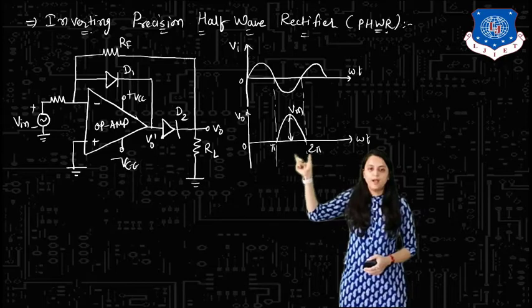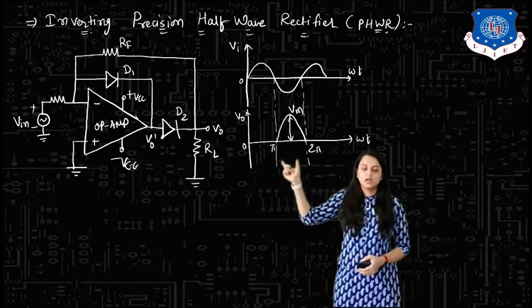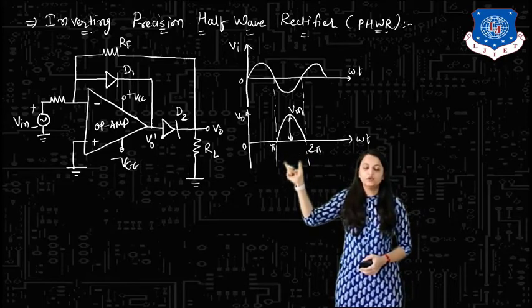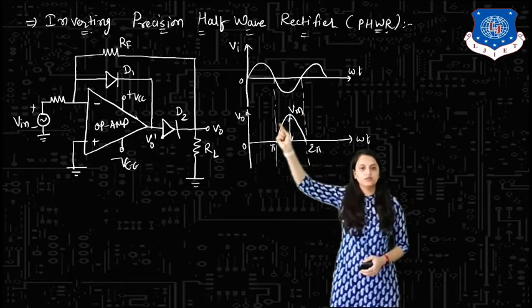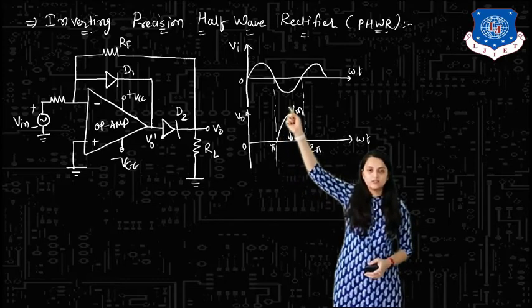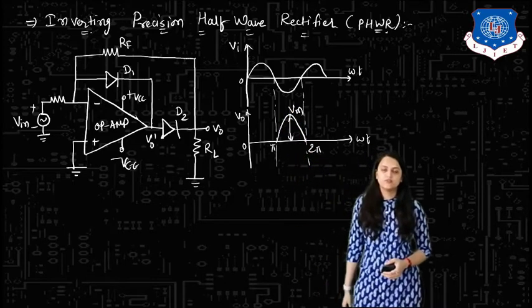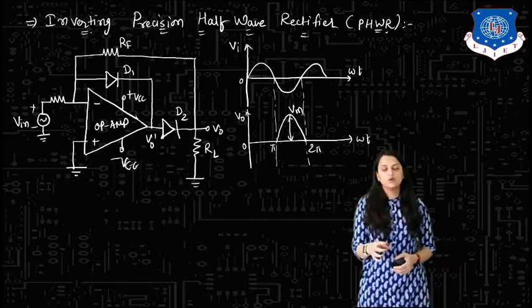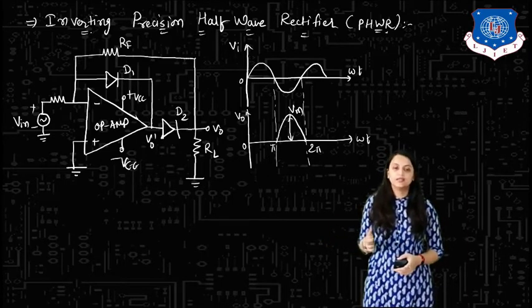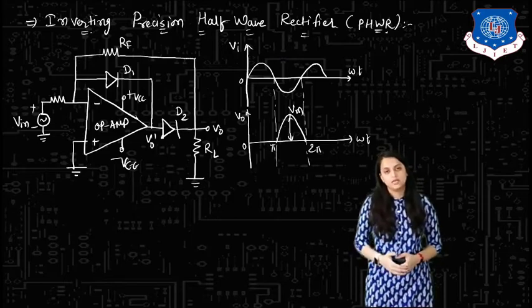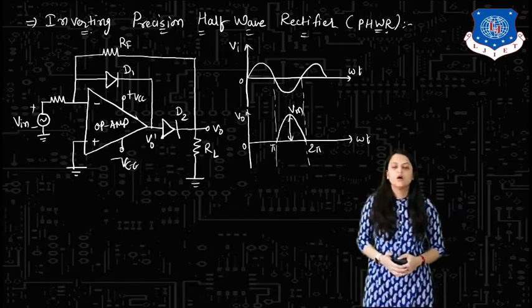In the region pi to 2 pi, the circuit will be closed and D2 is on, which will give the output Vm. But for the inverting case, the negative half cycle of the input appears as a positive half cycle at the output, having the maximum voltage value Vm. And in the same way in the next instant, when the diode is off, output is 0. This is how the inverting precision half wave rectifier works.